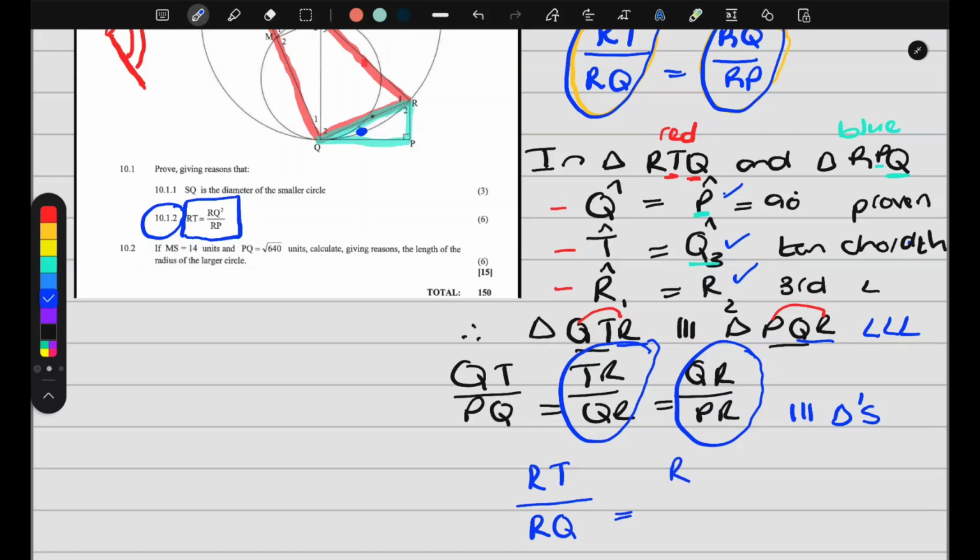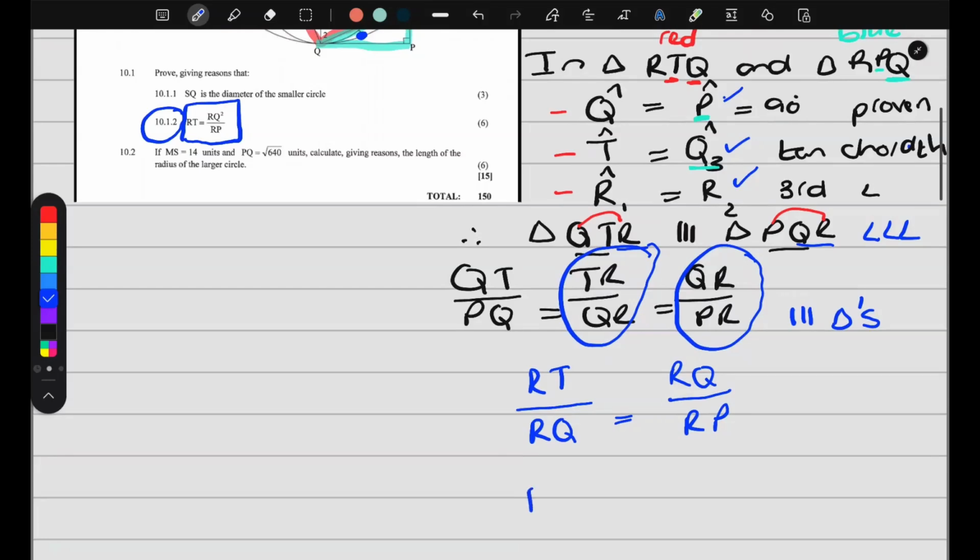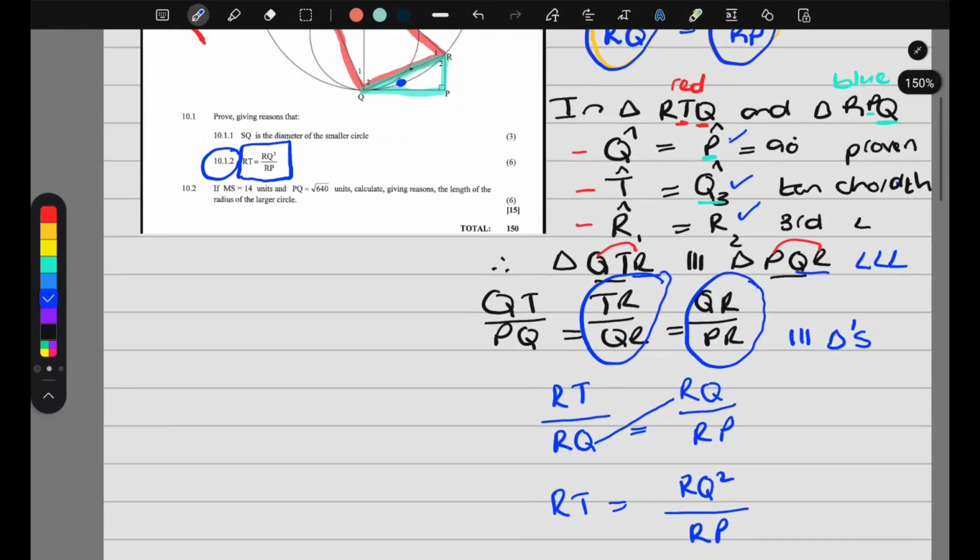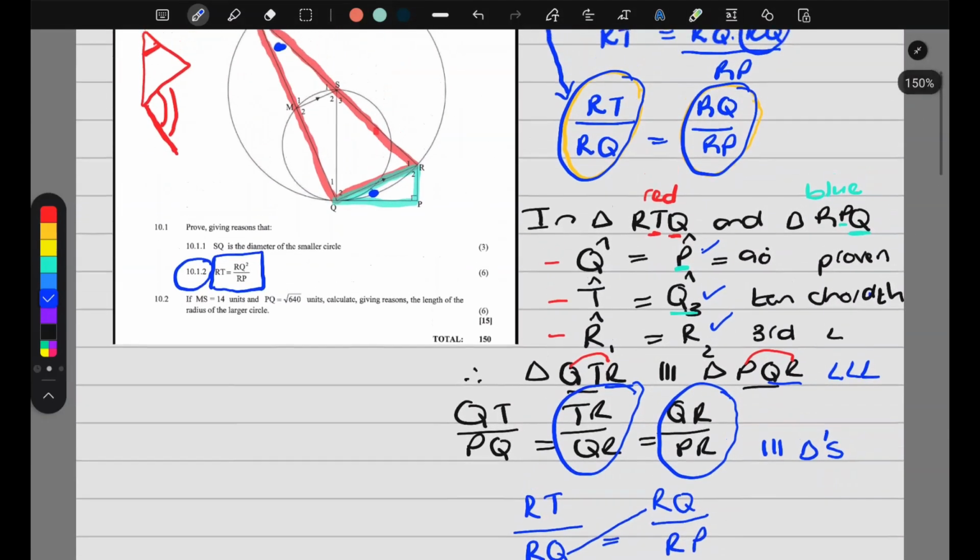This QR can be swapped. RQ over RP. And that means RT is equal to, I'm just going to cross multiply and take that over. So that becomes RQ times RQ is RQ squared over RP. And there I proved that question for 6 marks.